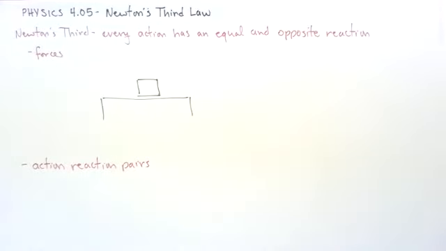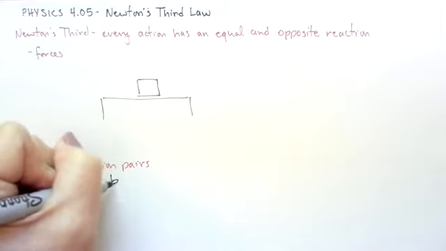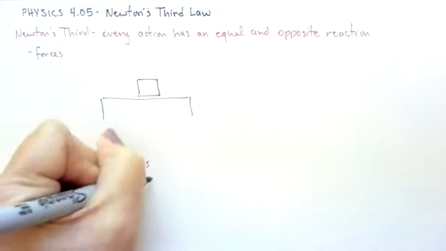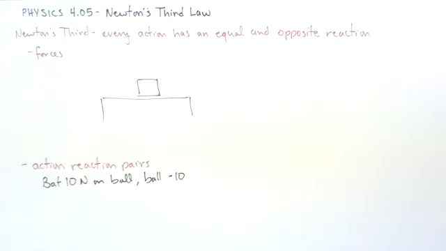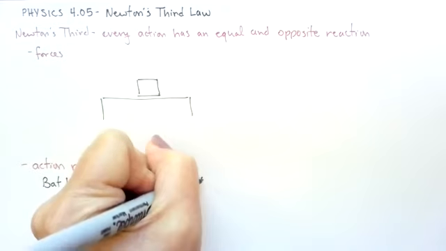So for example, let's write down what we just talked about. The bat does 10 newtons on a ball. The ball exerts, and we have to change the sign because it's equal but opposite, negative 10 newtons on the bat.